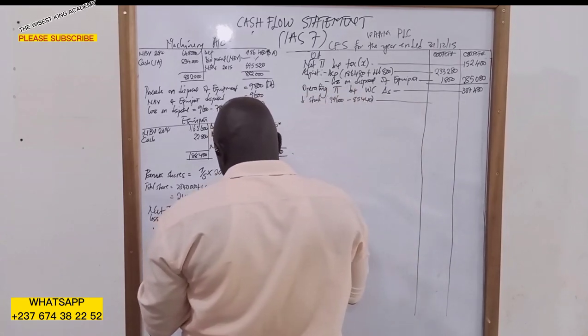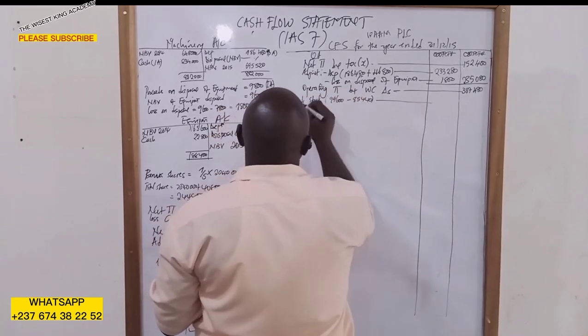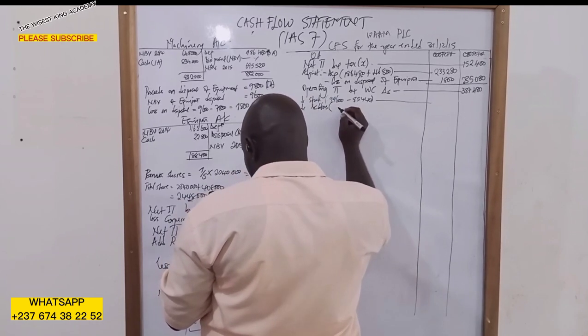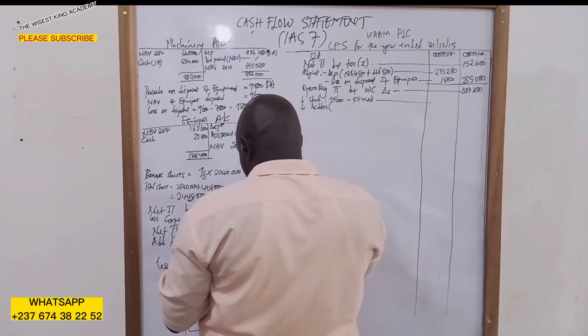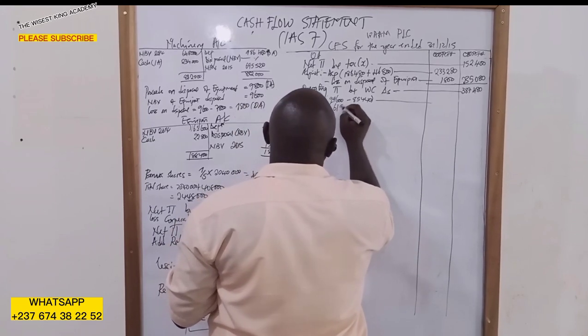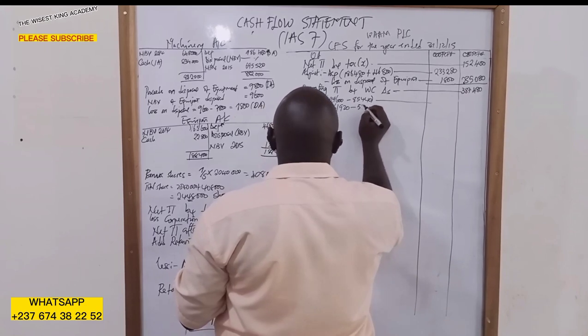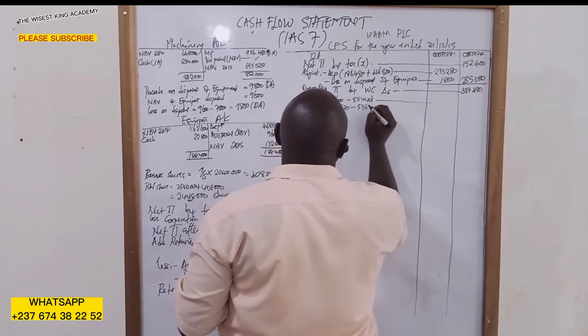We have debtors; there is still a decrease in debtors: 61,920 minus 53,640.